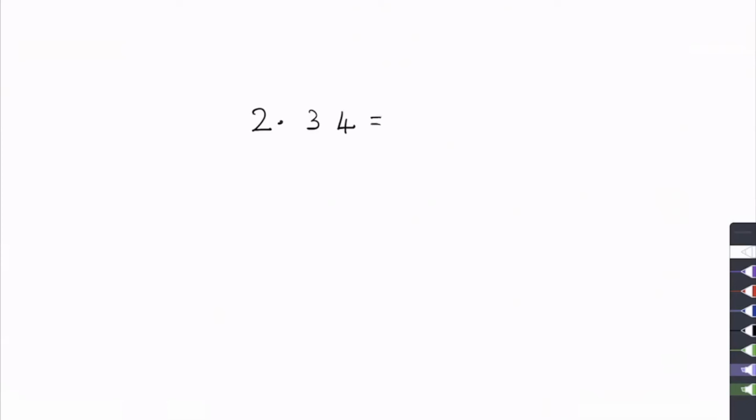So if the question states partition 2.34 into fractions, we just write 2 plus 3/10 plus 4/100.